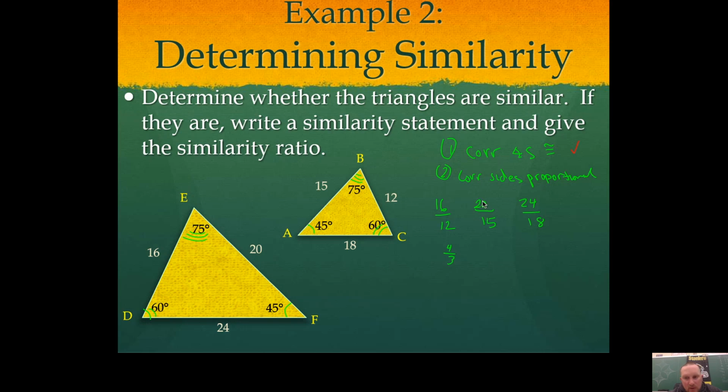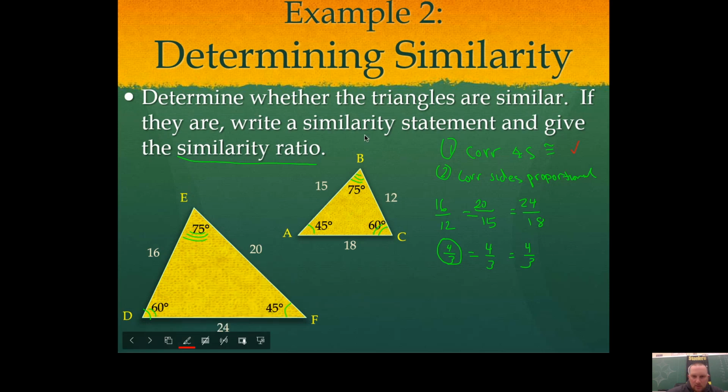I know that 5 goes into both of these, 4 times and 3 times. I know that 6 goes into both of these, 4 times and 3 times. And what do you notice? They all end up reducing to 4/3. So what is the similarity ratio? 4/3. Big to little.